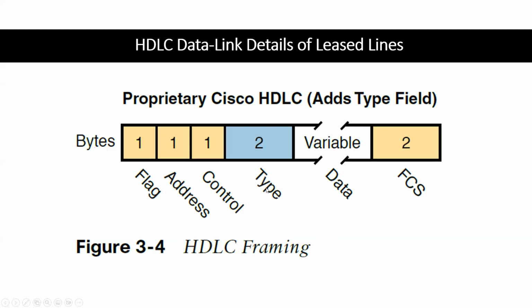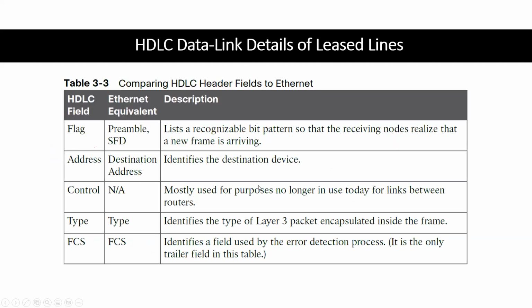And so let's go back to the different fields for HDLC and compare them to Ethernet. You guys saw, whenever we were talking about the OSI model, and even with Wireshark, when I was breaking down the different fields within an Ethernet frame, the HDLC data link layer 2 frame is definitely similar to an Ethernet frame. You've got your flag.